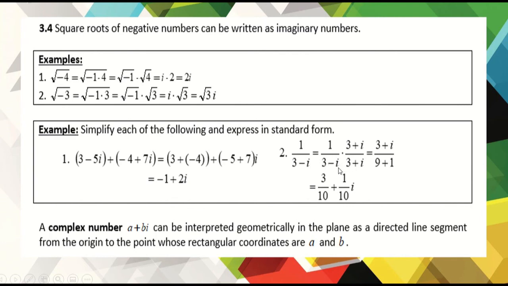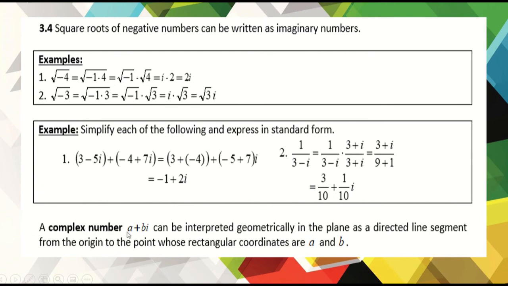So, negative i times i, that is i squared. Negative i squared, which is equal to 1. So, 9 plus 1 is 10. So, the final answer is 3 over 10 plus 1 over 10 times i.